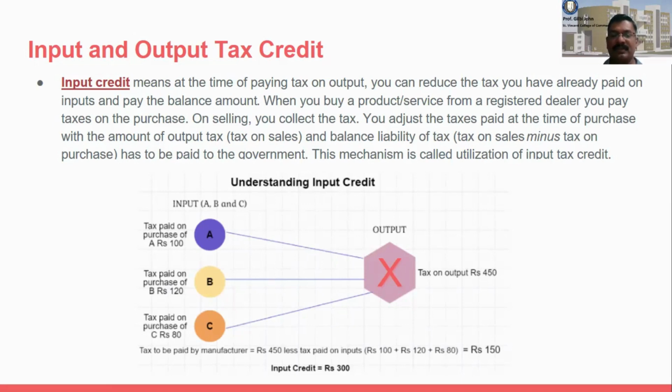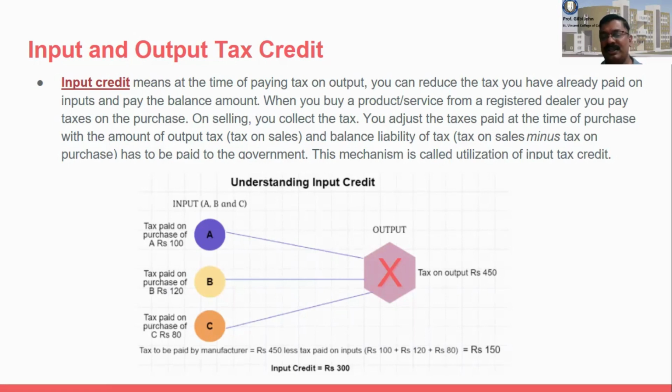In this case, I have already paid for A, B, and C, that is 100, 120, and 80, altogether 300, to the government through my suppliers of A, B, and C, and I am collecting 450 from my buyer. In such cases, I get a tax credit of 300 and I pay the difference of 150 to the government.